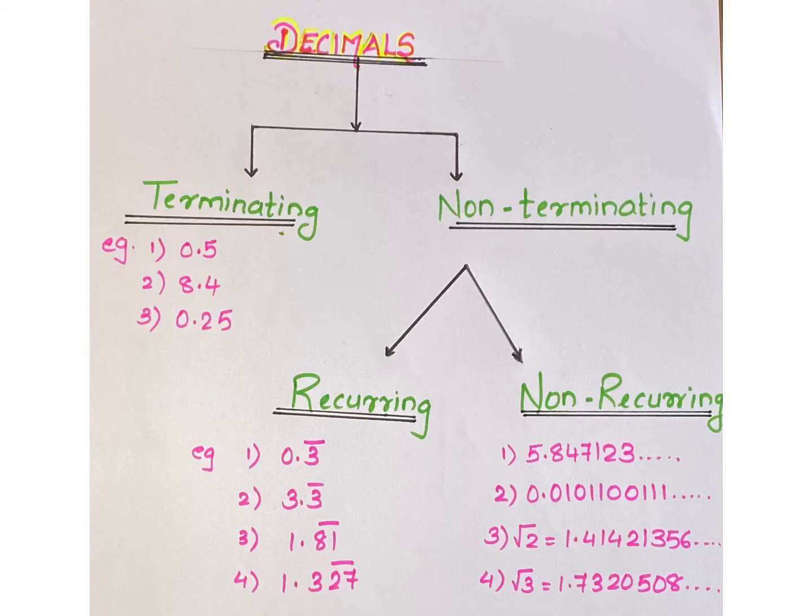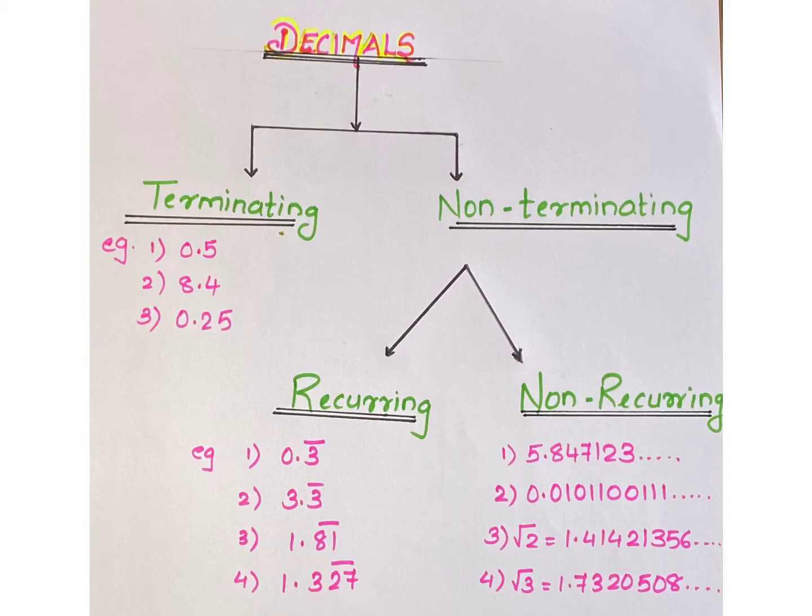A terminating decimal is a decimal which has an end. For example, 0.5, 8.4, 0.25 are terminating decimals. Non-terminating decimals are again of two types, recurring and non-recurring.